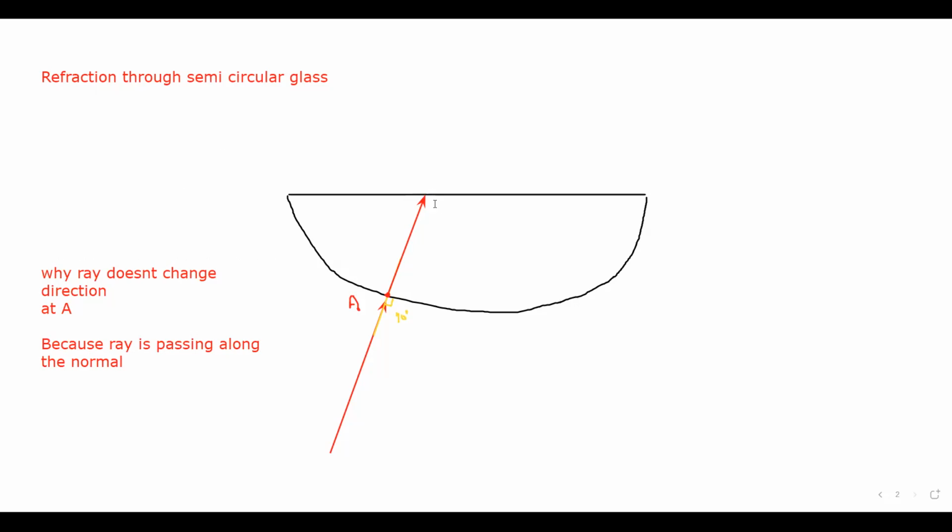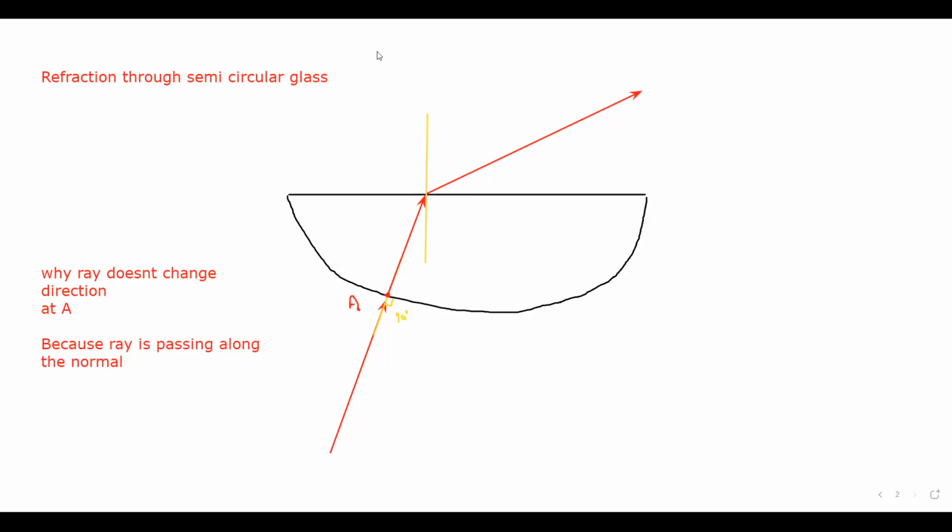But when it strikes the glass to air boundary and we draw the normal, moving from glass to air, we will observe that it will bend away from the normal. So this will be the path which the ray will follow through a semicircular glass.